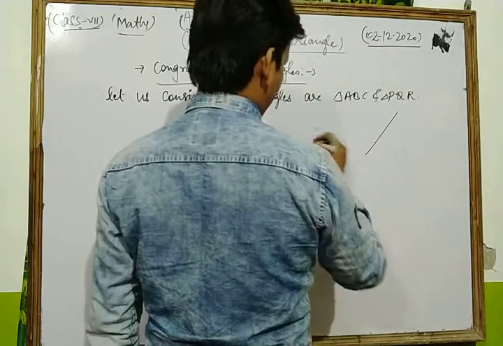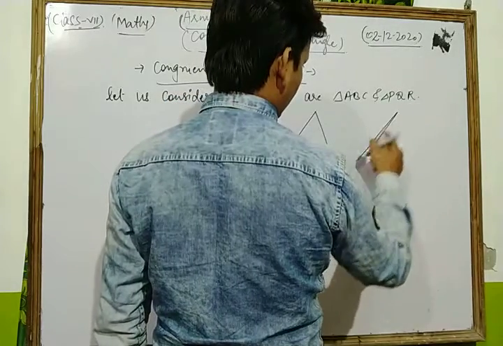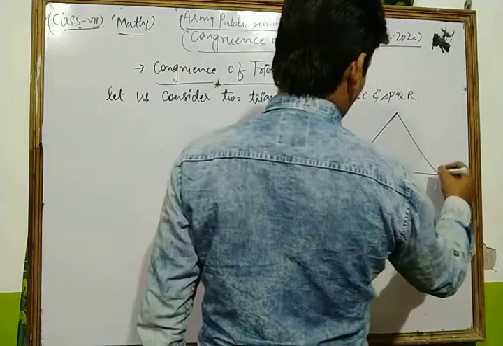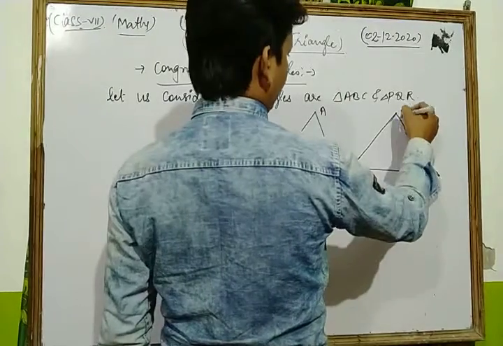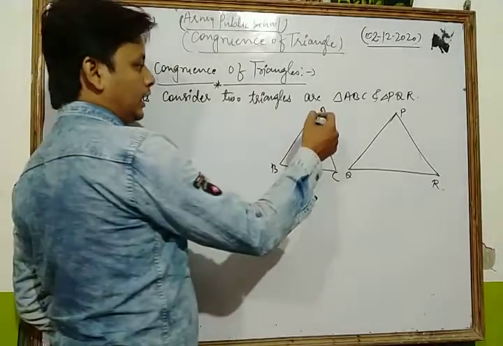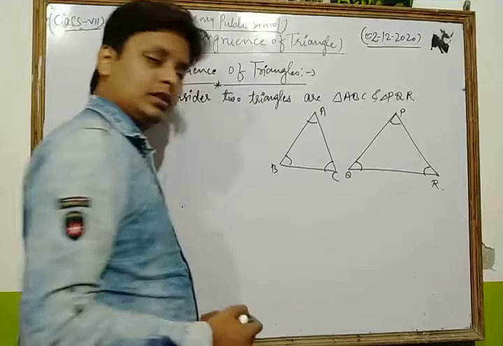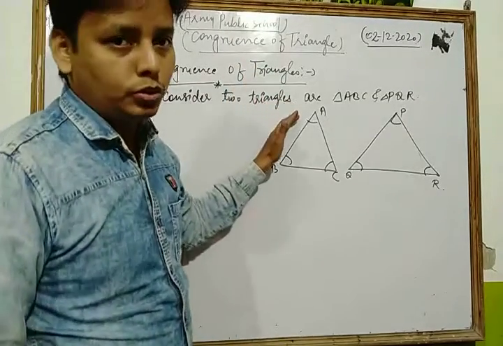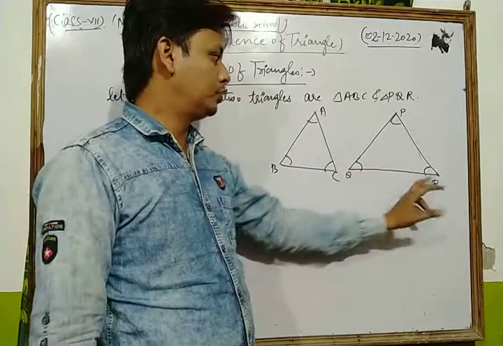Suppose we draw two triangles, ABC and PQR. Okay, now let us take two triangles, this is ABC and this is PQR. Okay dear students, now suppose we draw two triangles, ABC and second one PQR.